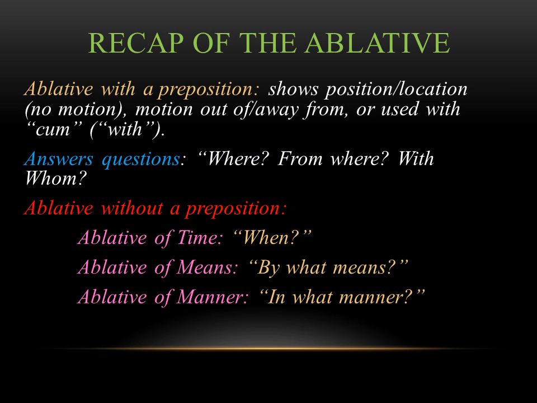Now in this chapter, we've also seen ablatives used without a preposition. So the first one is the ablative of time. This is when the ablative, again without a preposition, is answering the question when. Ablative of means is when the ablative is answering the question by what means does something happen. And the ablative of manner answers the question in what manner does something happen.